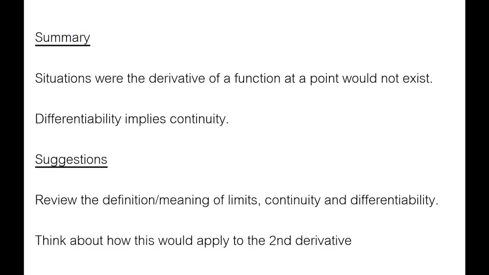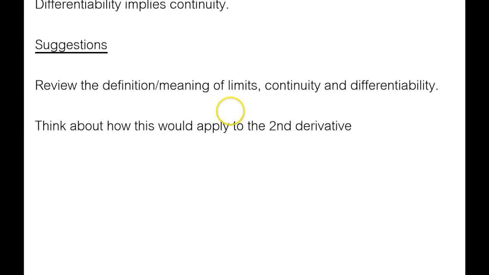In summary, we talked about situations where the derivative of a function at a point would not exist, and we also proved that differentiability at a point implies continuity. In preparation for the upcoming activities and independent practice assignments, as well as skills tests and video assessments, I suggest you review to make sure you understand the definition and the meaning of limits, continuity, and differentiability.